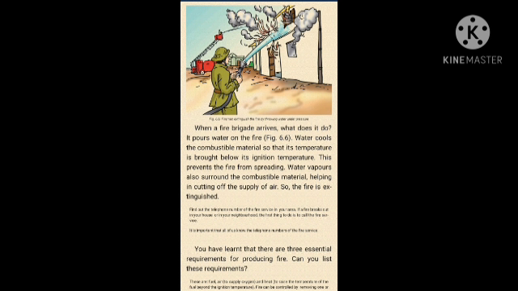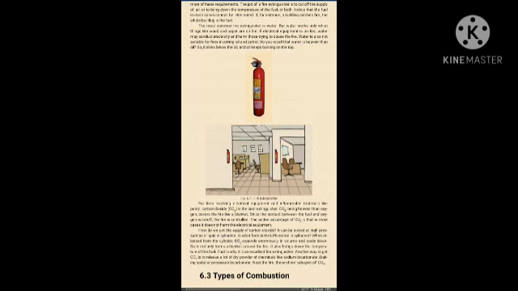Likewise, if a building catches fire, the fire brigade comes and water is used to extinguish the fire. Sometimes we also use equipment to stop the fire, the fire extinguisher.